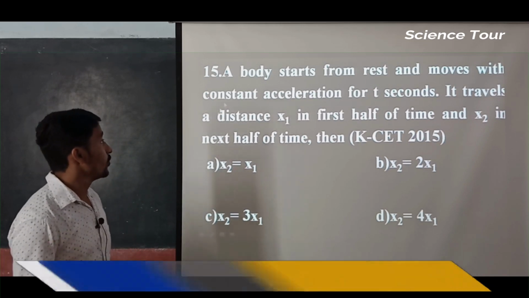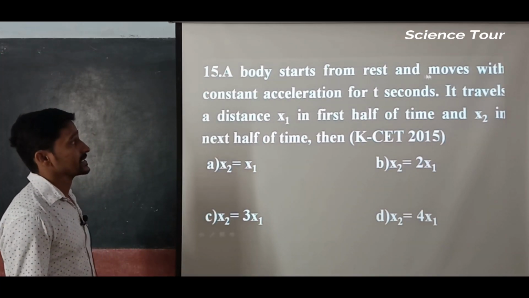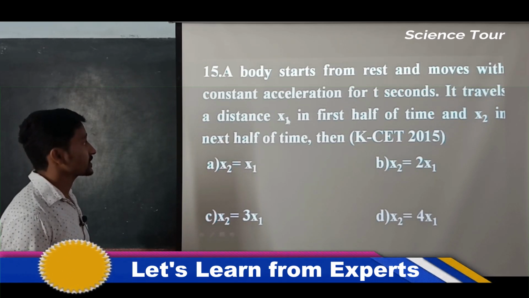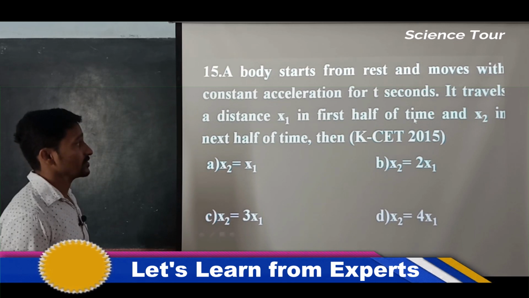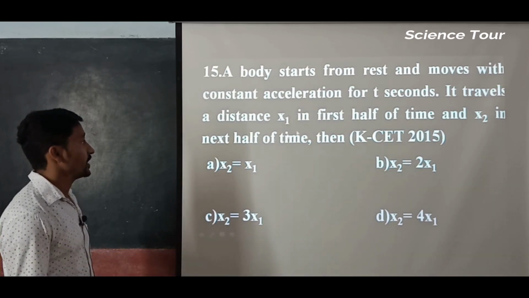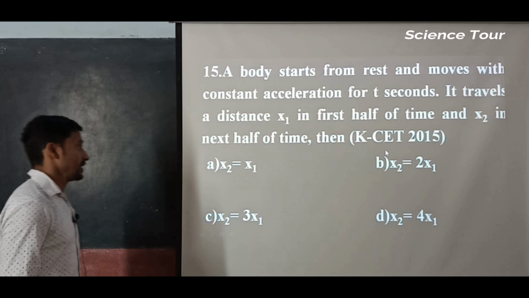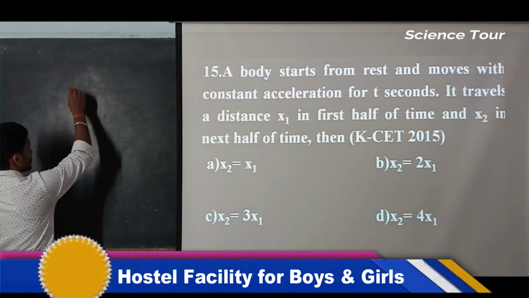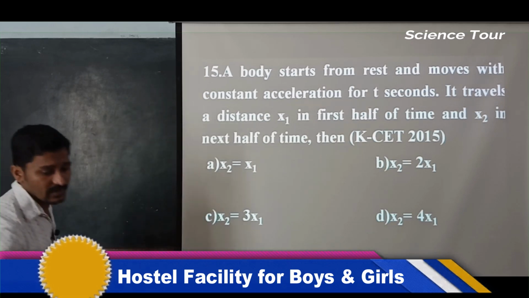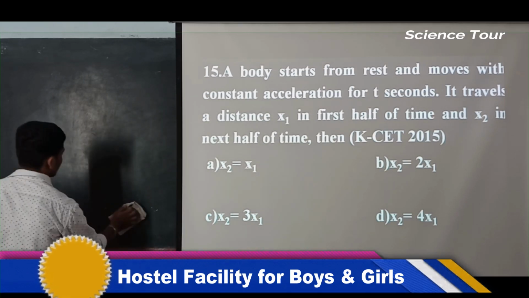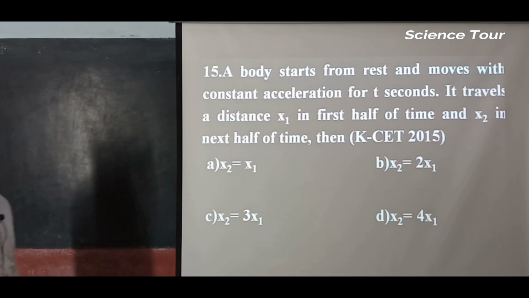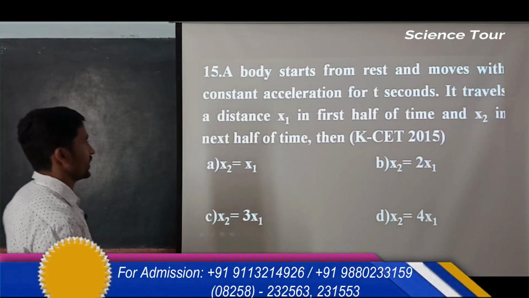A body starts from rest and moves with a constant acceleration for t seconds, and it travels the distance x1 in the first half of time and x2 in the next half of time. Constant acceleration from rest is nothing but a freely falling body, although it is not given directly.